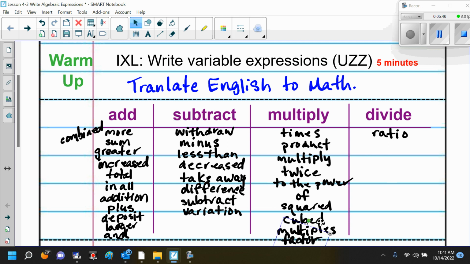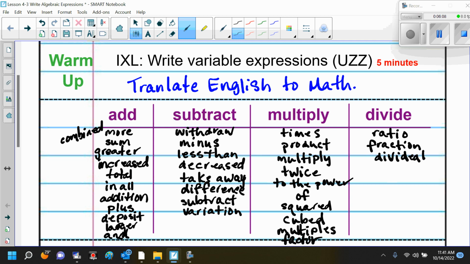Let's move on to division. Fraction. Good. Let me get my pen back. What else do we have? Divide by. Okay, so divided by. Quotient. Divisor. Okay, we can use divisor.